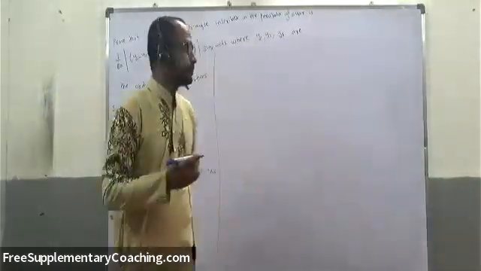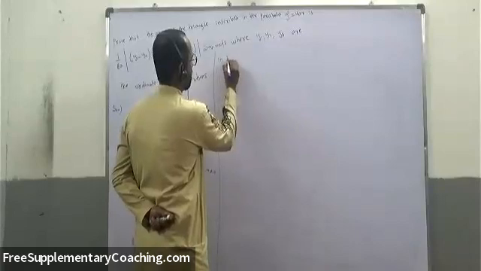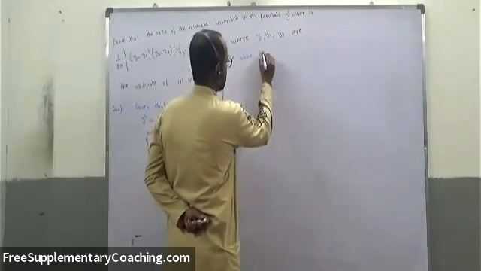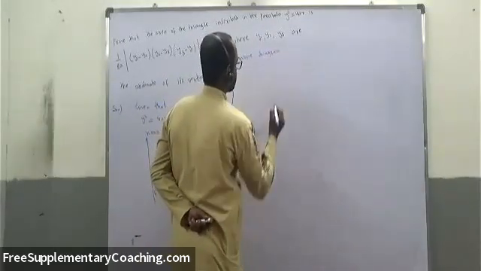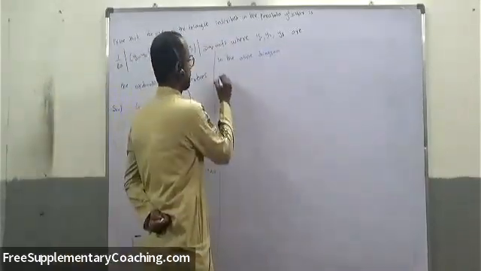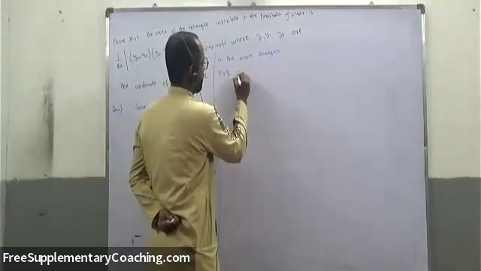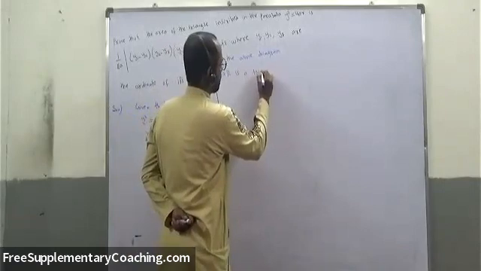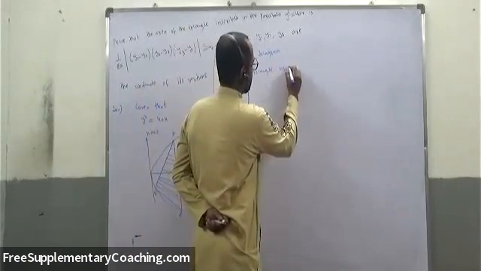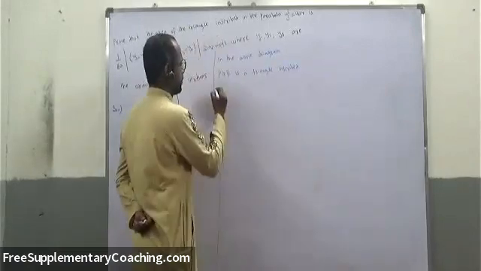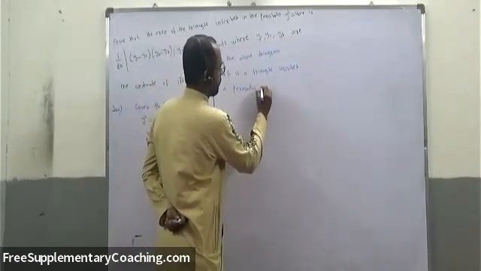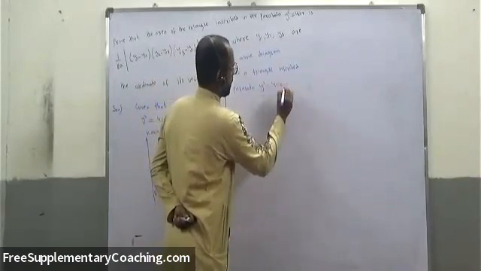In the above diagram, PQR is a triangle inscribed in a parabola y square is equal to 4ax.